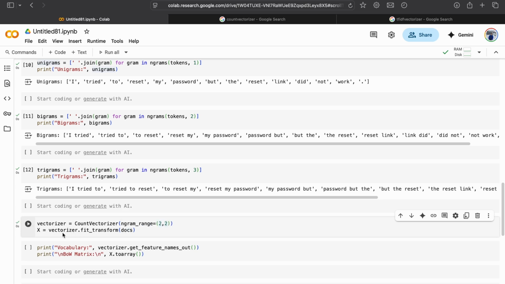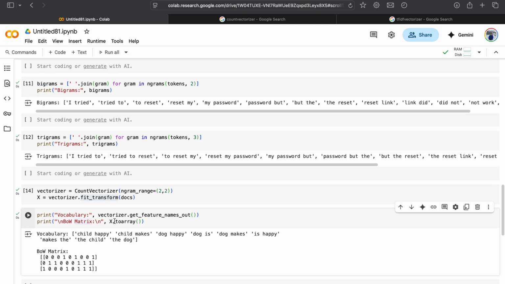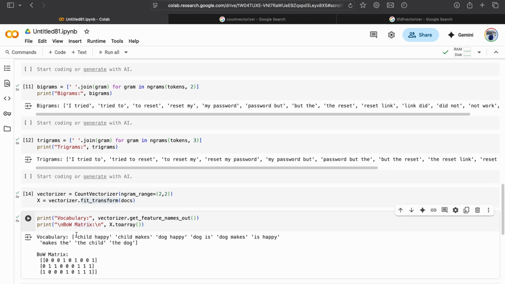So let's just run the fit_transform method. Then we'll convert this to vector form. Now our vocabulary is this: child happy, child makes, dog happy, dog makes, is happy, makes the, the child, the dog. So all the unique bigrams are present in this vocabulary.